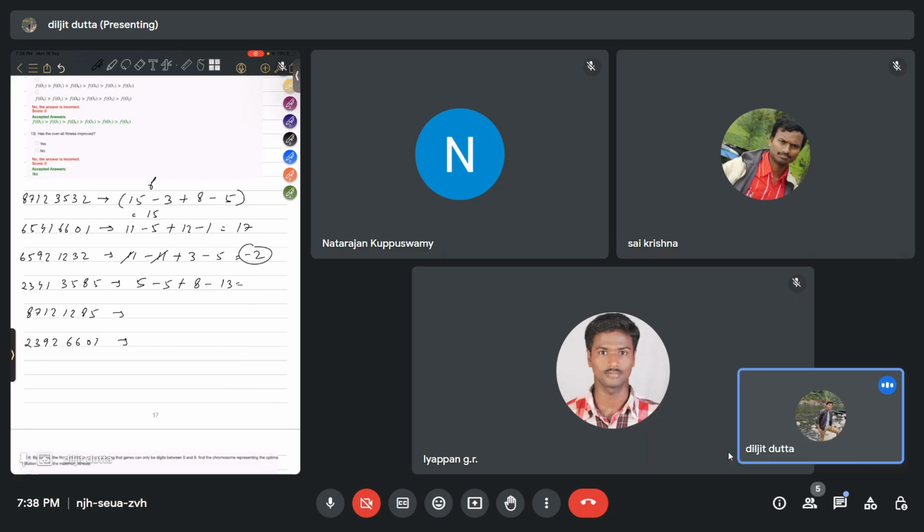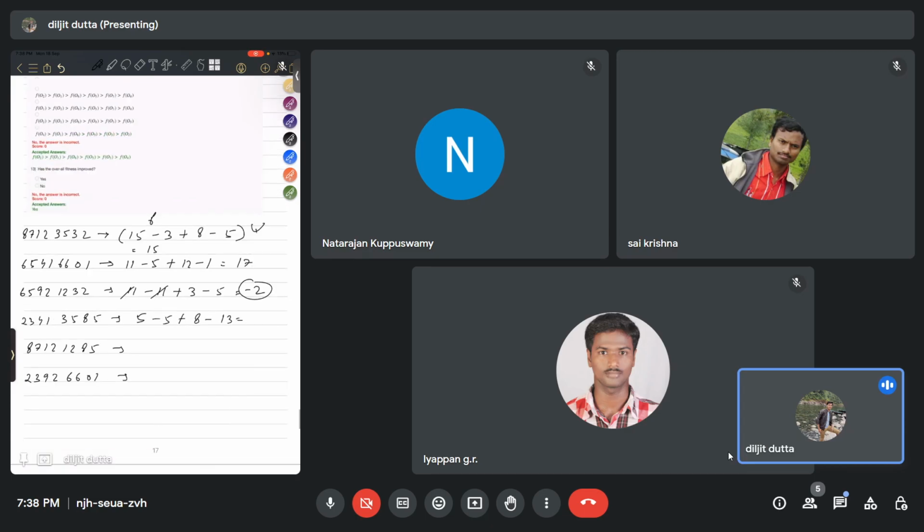Which step? This fitness function calculation step is simple, like we have seen now. F is equal to a plus b minus of c plus d plus e plus f minus of g plus h. This is a, this is b, this is c, this is d, this is e, this is f, this is g.